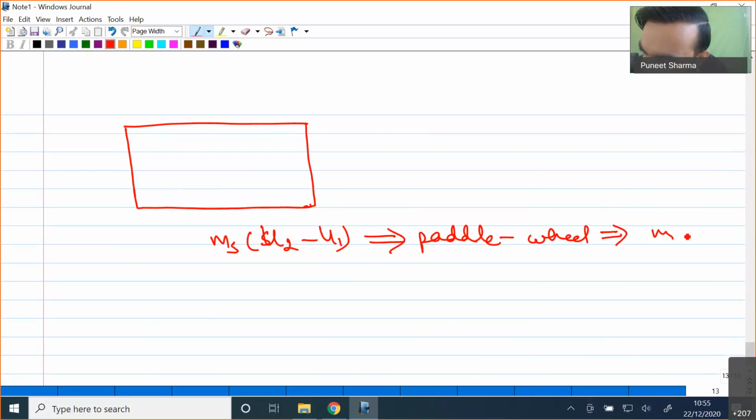So we should have mgh amount of work done. If you see from the first law point of view, this equation is actually completely valid.